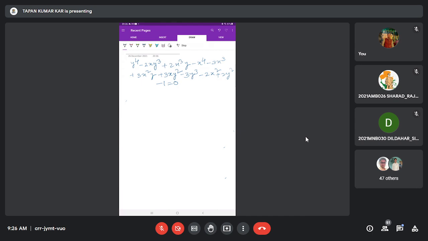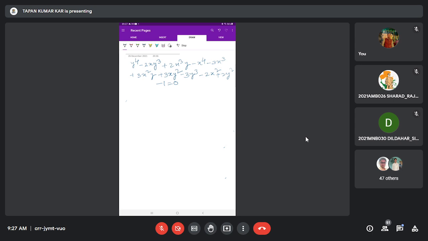If x cube is not present, then there are asymptotes parallel to the x axis. Similarly, for a 4-degree equation, if y to the power 4 is not present, you will get some asymptotes parallel to the y axis, and if x to the power 4 is not present, some asymptotes parallel to the x axis. But here y to the power 4 and x to the power 4 both are present. So there are no asymptotes either parallel to the x axis or parallel to the y axis.